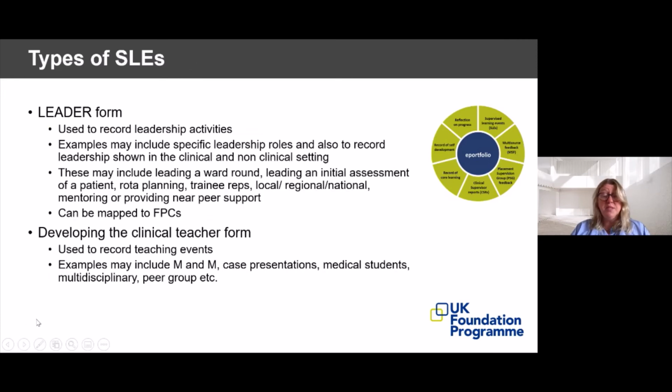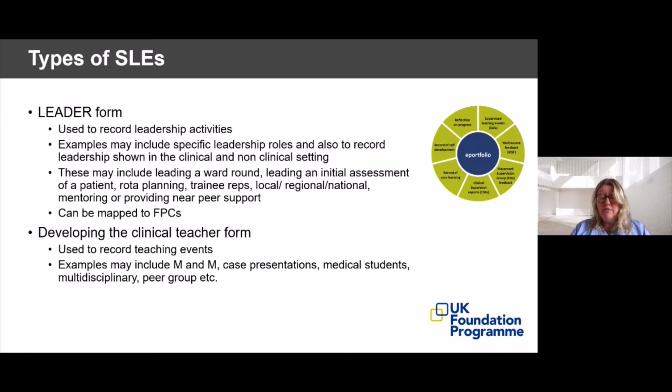Other forms that you will see in the portfolio are the LEADER and the DCT forms. The LEADER form can be used to record any leadership activity. Remember, leadership can be at ward level, for example, leading a ward round or leading a medical student session. It doesn't need to be a formal leadership role, such as a leadership fellow or regional rep.